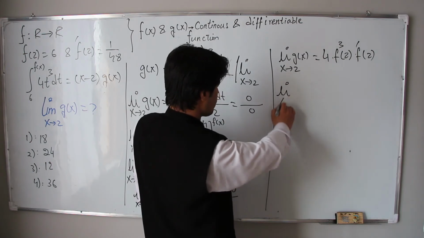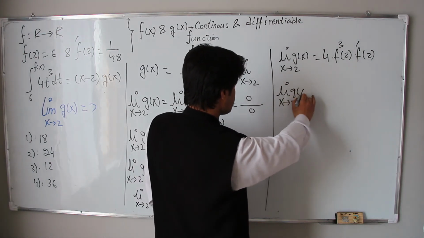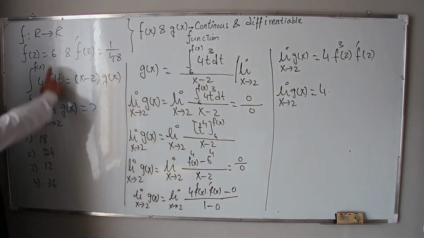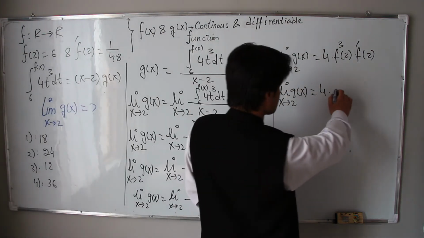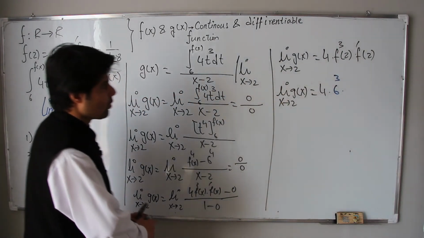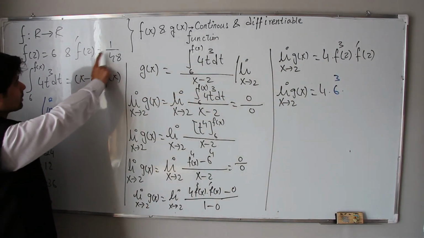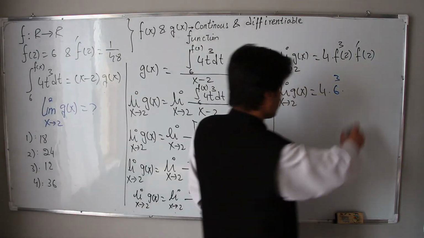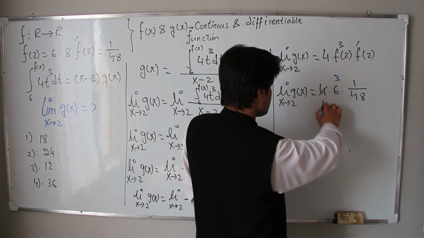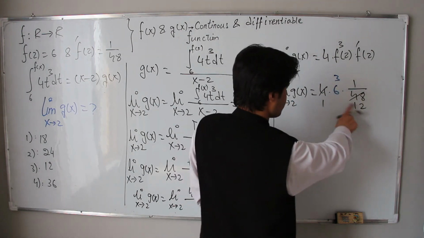Now we have to put in the values. 4. What's f(2)? f(2) is 6. What's the power? 3. What's f prime of 2? It is 1 upon 48. 1 upon 48. And we have to cancel this one with the 4.